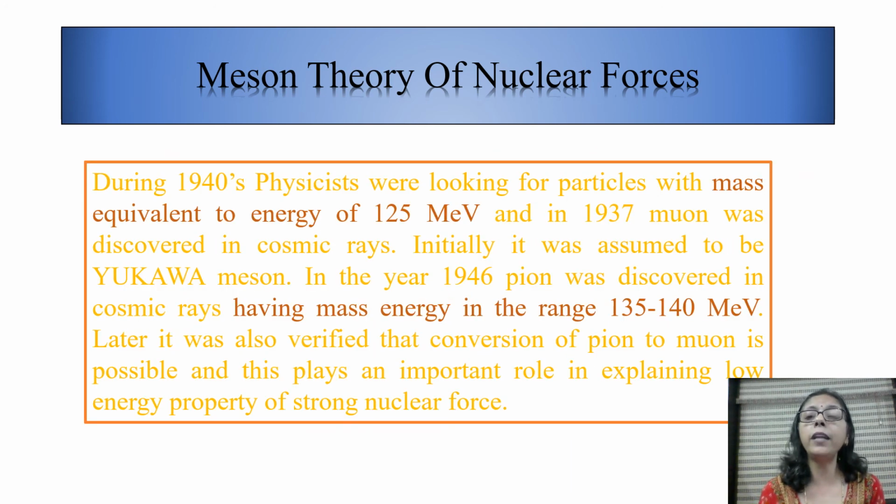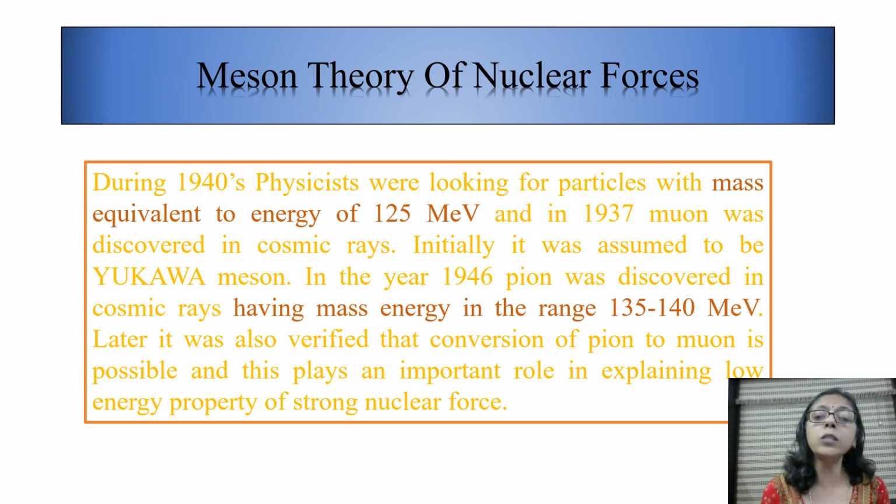During 1940, physicists started looking for particles with mass equivalent energy of 125 MeV. And in 1937, the muon was discovered in cosmic rays. Initially, it was assumed to be a Yukawa meson. In the year 1946, the pion was discovered in cosmic rays having the mass energy in the range 135 to 140 MeV.